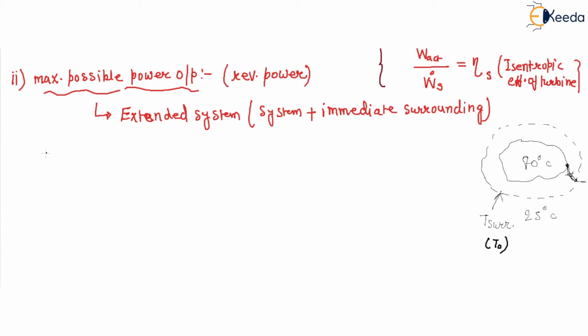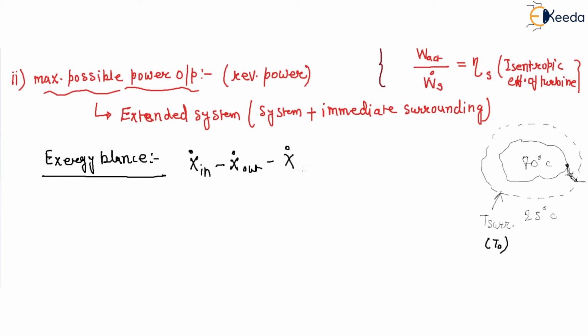So the exergy balance, on a rate basis: exergy in minus exergy out minus exergy destroyed is equal to dX of the system by dt.